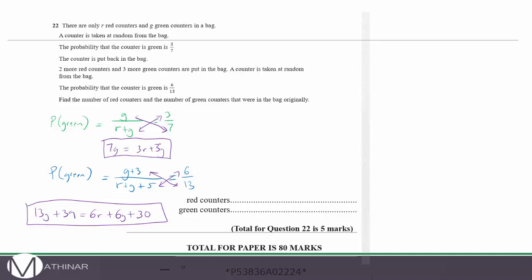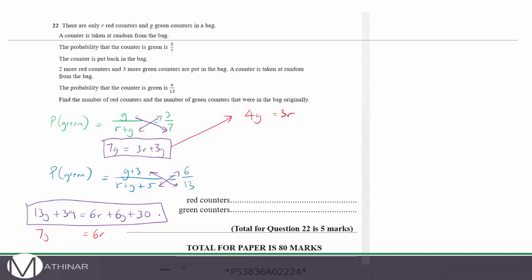From this equation here, if we take the 3G to the left, we get 4G is equal to 3R. For this equation here, we can take the 6G to the left, giving us 7G, since 13G take away 6G is 7G. And we've got a 6R here.